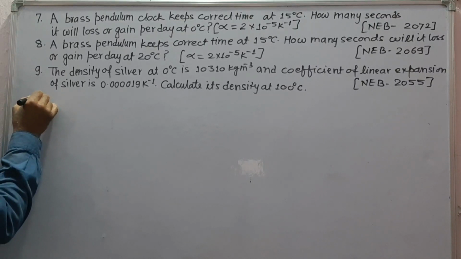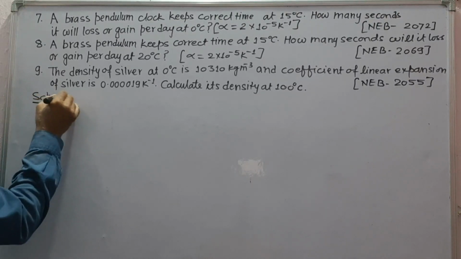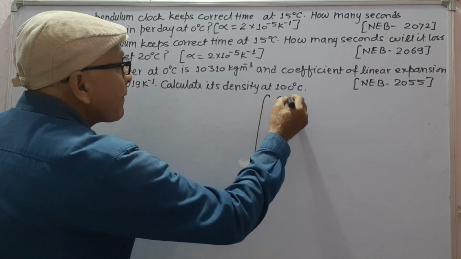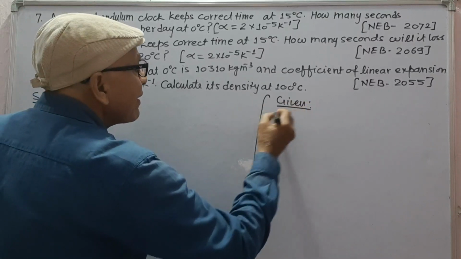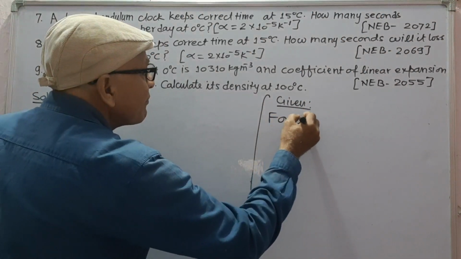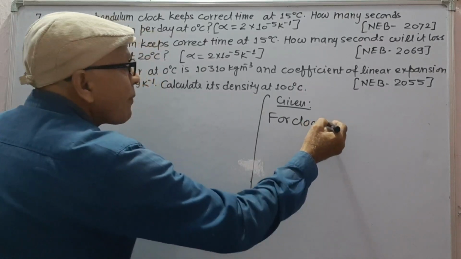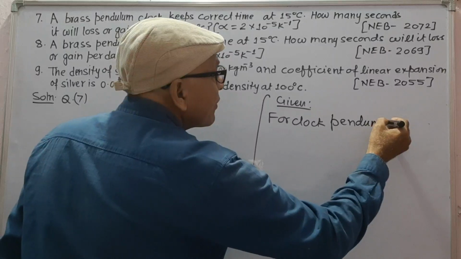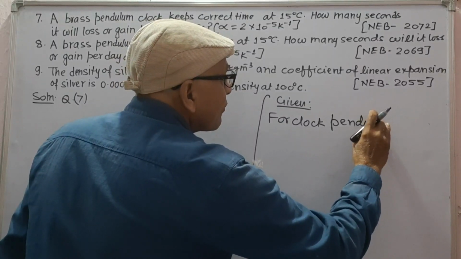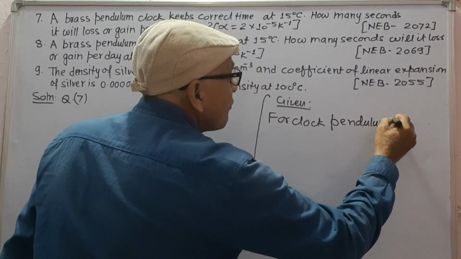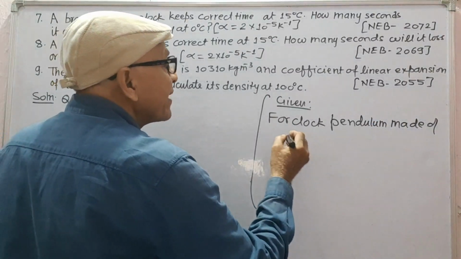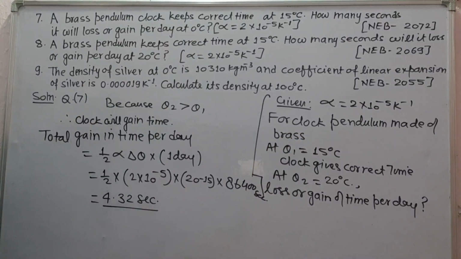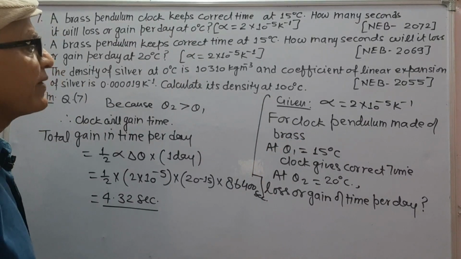Solution, question 7. Given for clock pendulum made of brass, in this case, alpha is 2 into 10 to minus 5 per Kelvin.